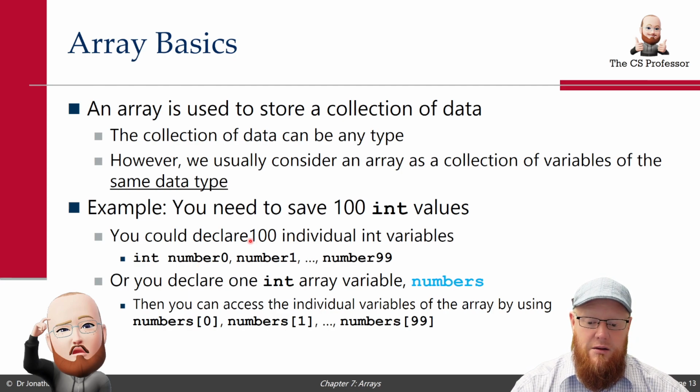You could declare 100 int numbers, as you've seen here, or you could declare a singular int array variable. Let's call that array variable numbers. And then we can save all of those numbers into that singular array, and we can access each one of them at their given index.